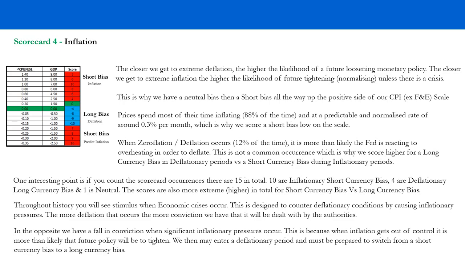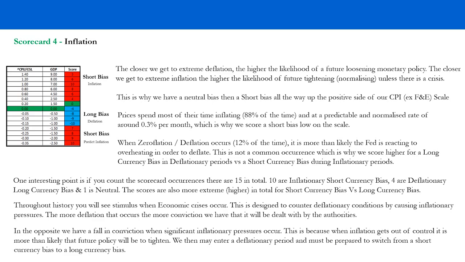And we're going to introduce a term here now, which you may not be familiar with. We're introducing the term zeroflation. So when we have 0 in CPI X food and energy, we basically consider this as deflation. So deflation or zeroflation occurs 12% of the time. And in these situations, it's more likely that the Fed is reacting to overheating in order to deflate.